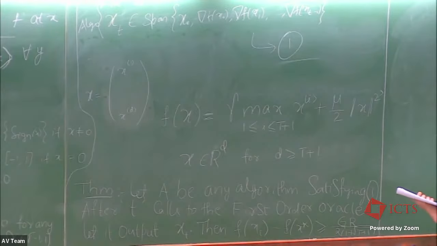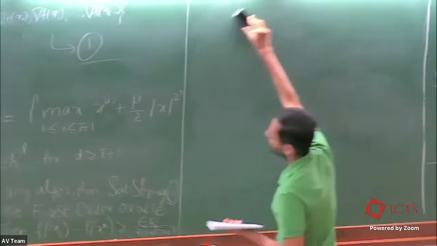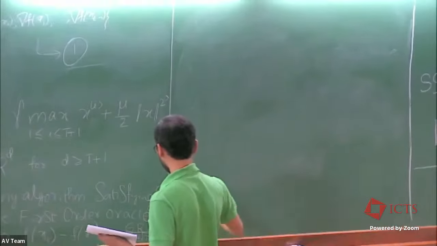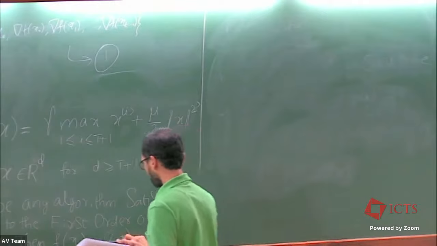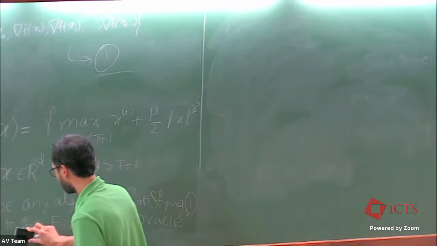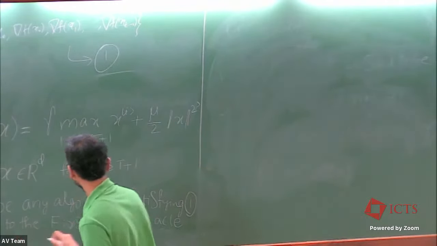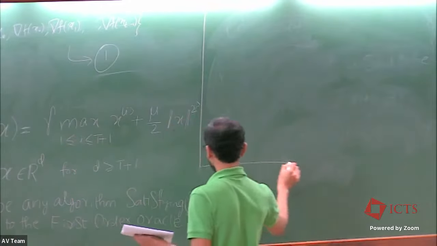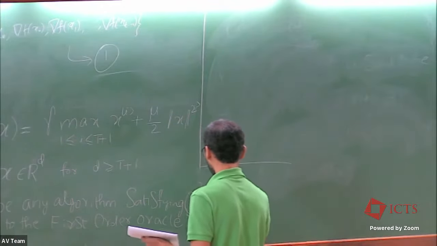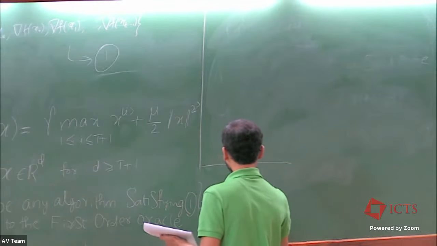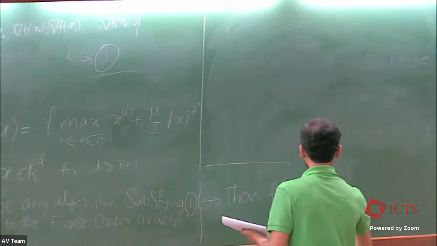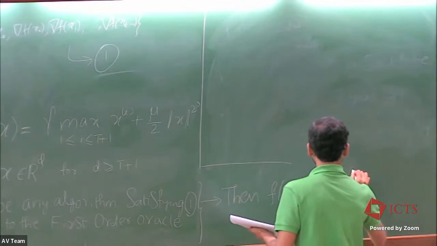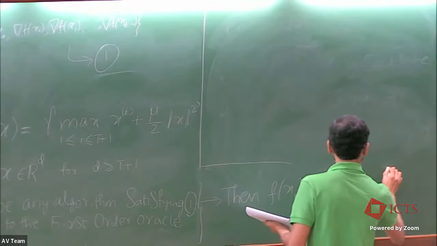Algorithm. xt minus... Okay, the gradient is done. Choose xt to be in the span.